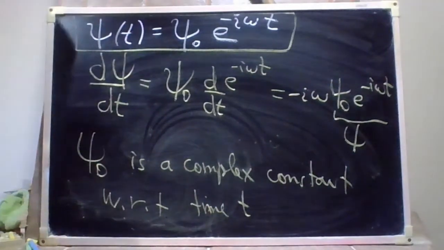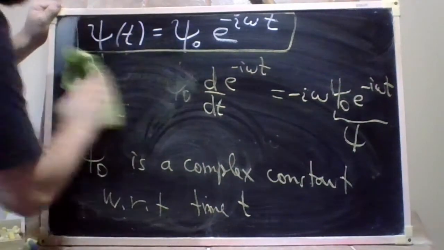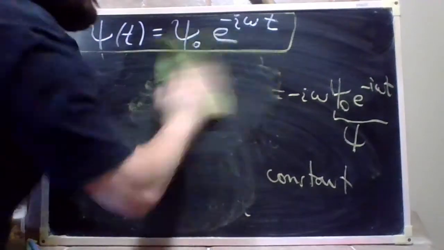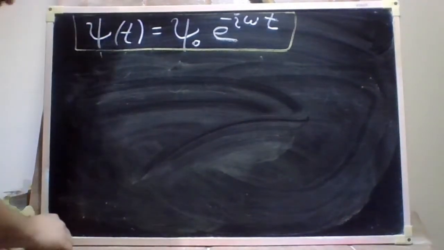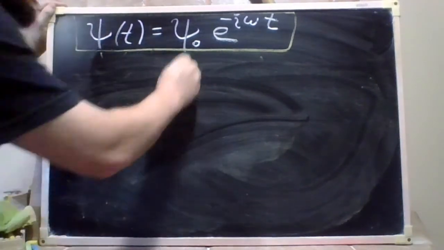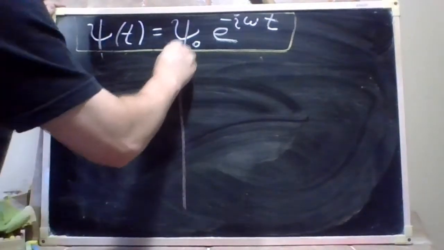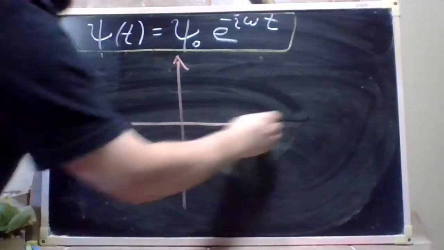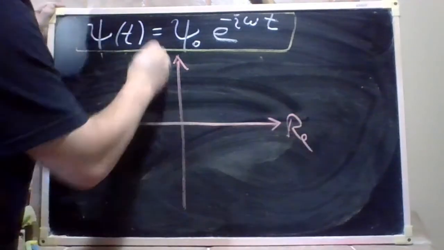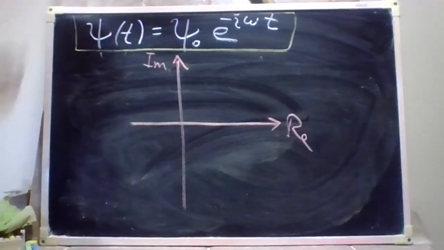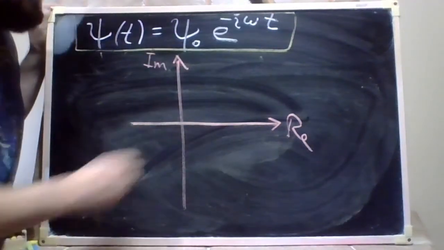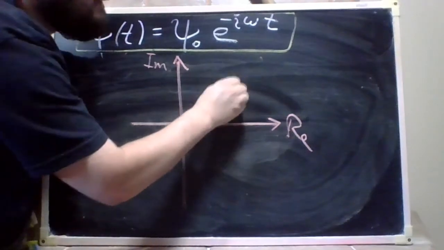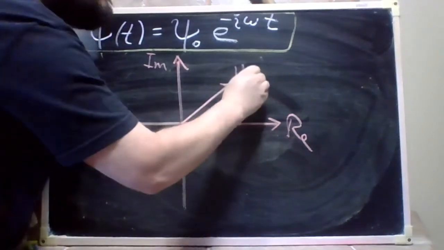All right. Well, if you look at things in a complex plane for complex numbers, with the real axis here and the imaginary axis here, you'll find that at time t equals 0, you'll have psi 0 here.